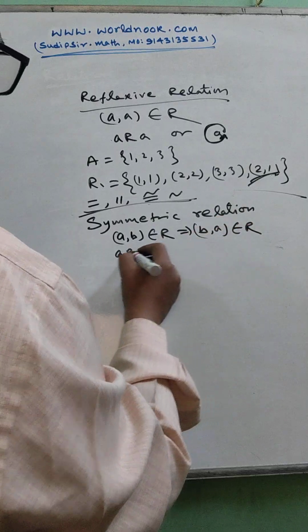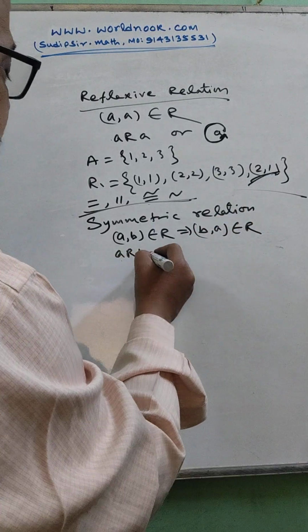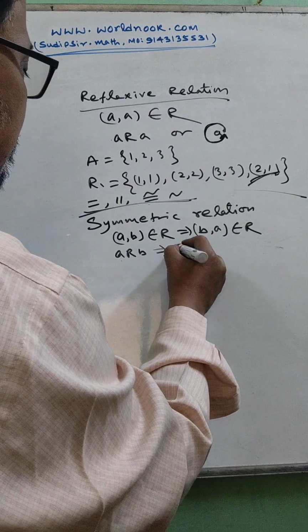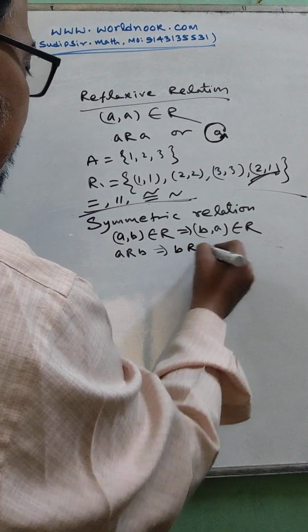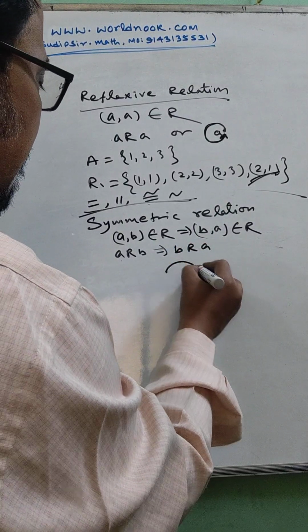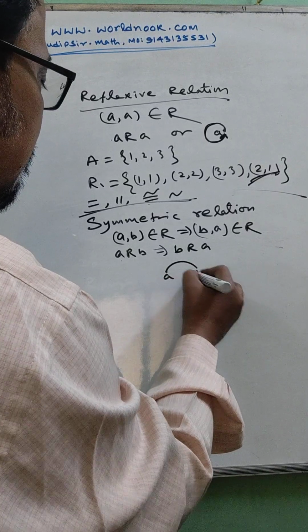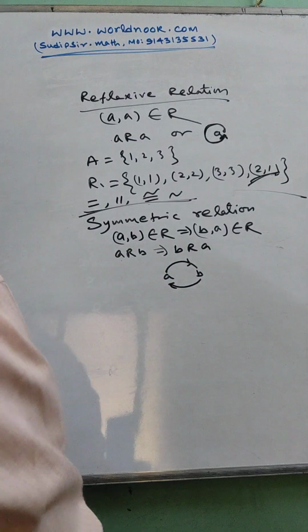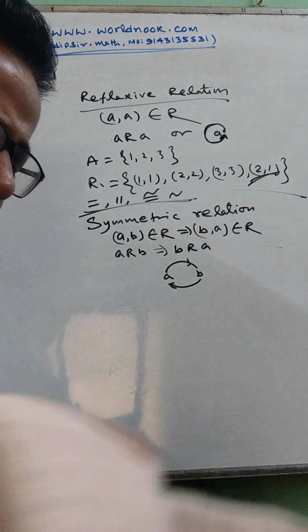For a symmetric relation, A relation B implies that B relation A. That is, A to B implies B to A. This is a symmetric relation.